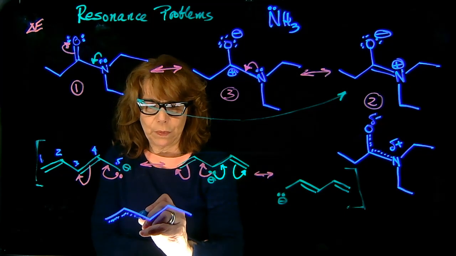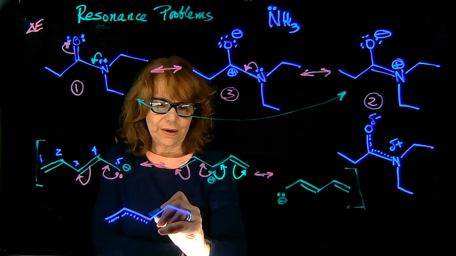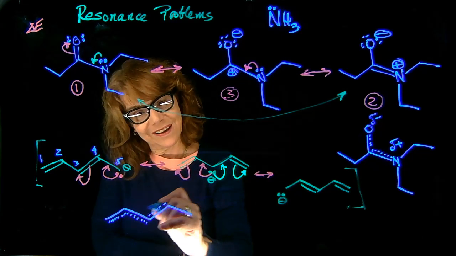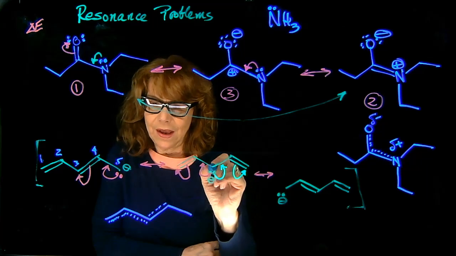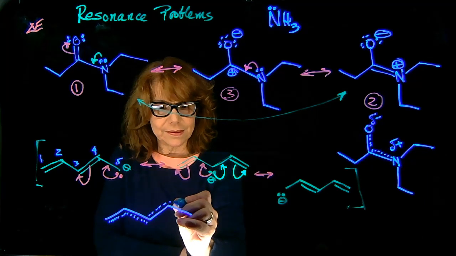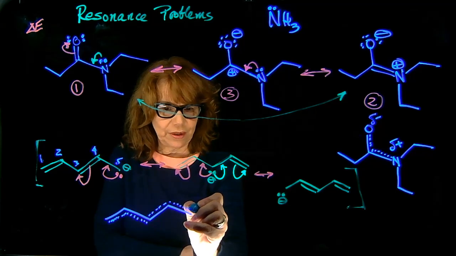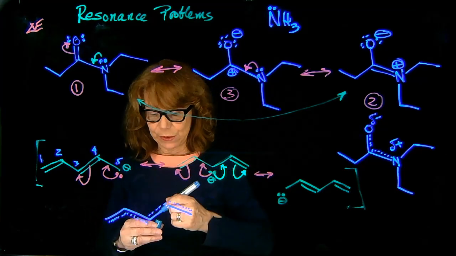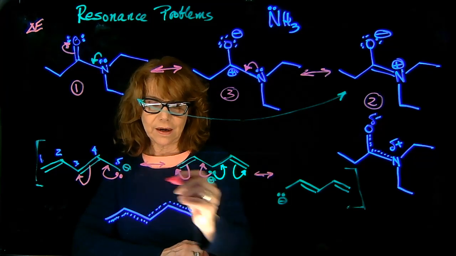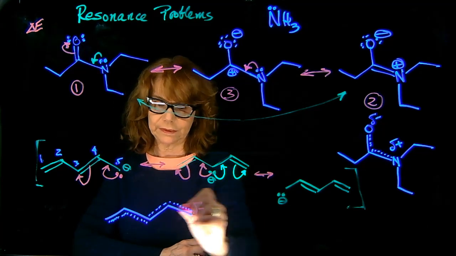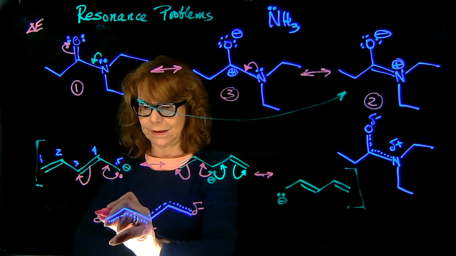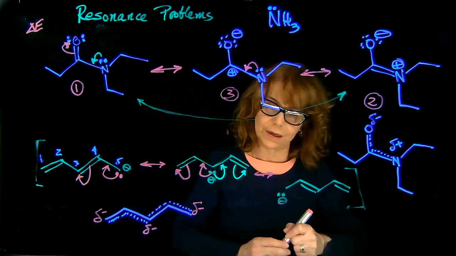And here I will have partial. Here I have another partial double bond. It doesn't matter if I put the dots above or under. And here I also have a partial double bond everywhere. Next, what do we need to do? Put the partial charges. We see that it is on carbon 5, so I'm going to put delta negative here. And it is on carbon 3 and on carbon 1. So that is my hybrid.